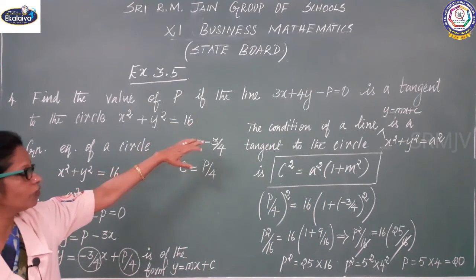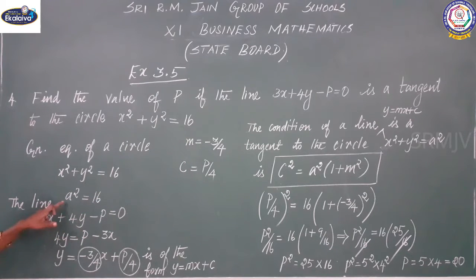Using the given equation, we can get the value of a square, m and c. The circle equation will give you the value of a square. The line equation will give you the value of m and c, right? See here, a square equal to 16.